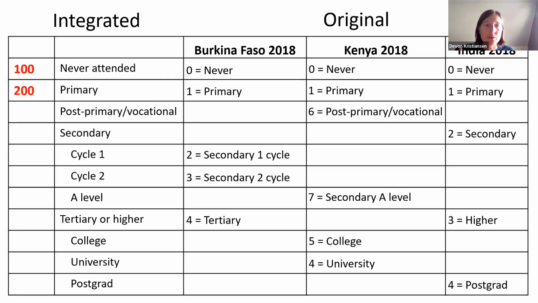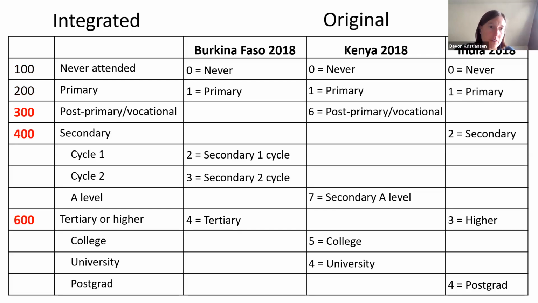And then we're also going to link primary up together. The very first digit to the leftmost is going to have the most general information, and it's going to include more detail as you go to the right. So we want to make sure that we are grouping comparable categories without losing any detail.